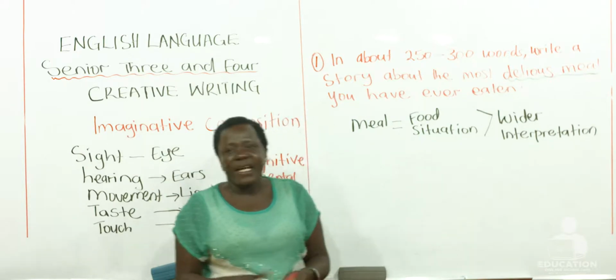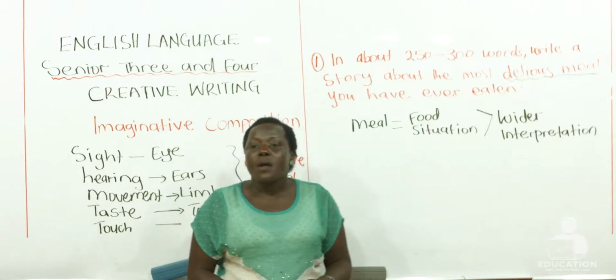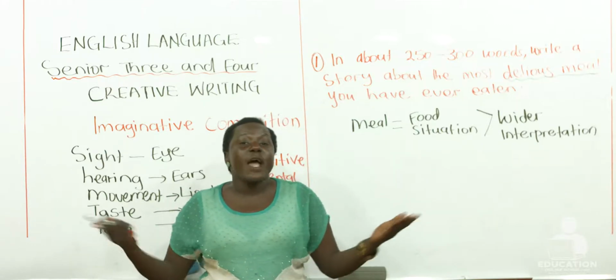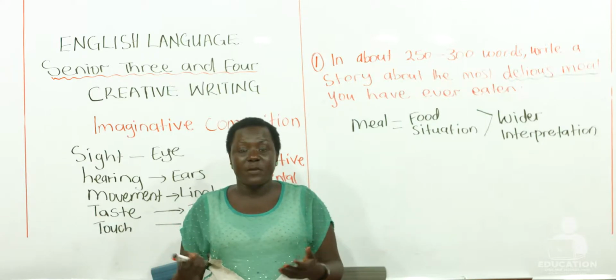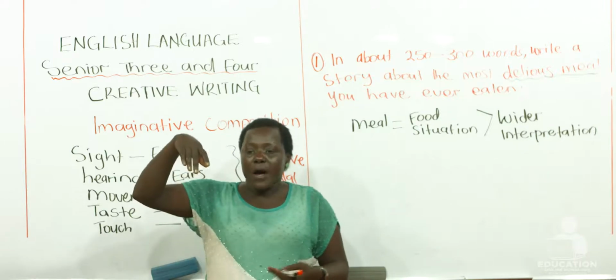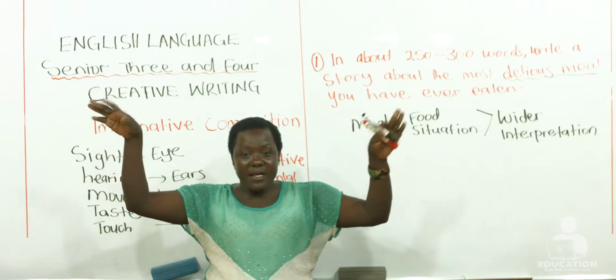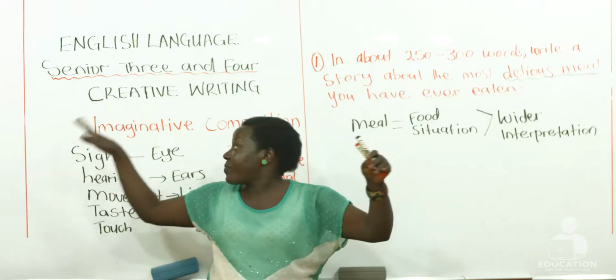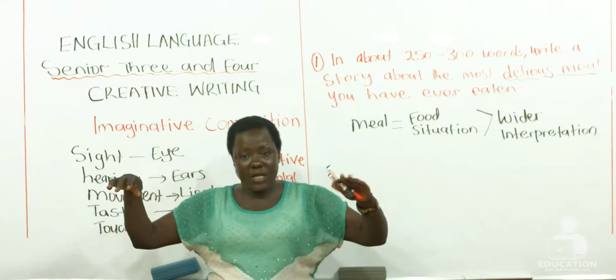Then another question was like, describe the most destructive wind or the most destructive situation in your life. Many people describe rain, heavy rain, this and that, but other students who are very brilliant were creative enough to write about bad situations that happened to them.